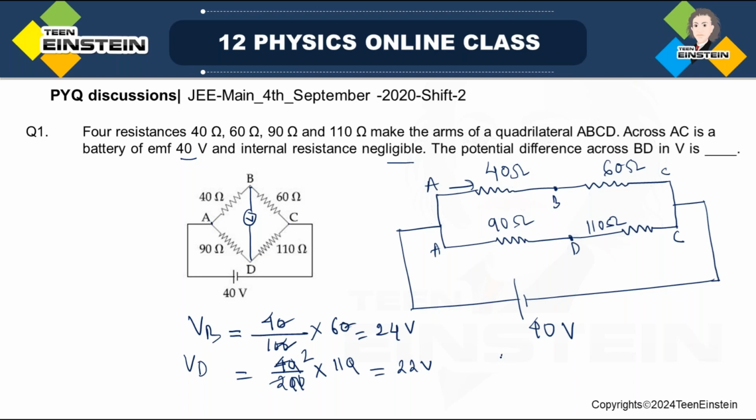Then what is the potential difference between B and D? 24 minus 22 volt, which is 2 volt. So here the answer will be 2. All right, this is how you have to solve the problem. Now we'll go to the next problem.